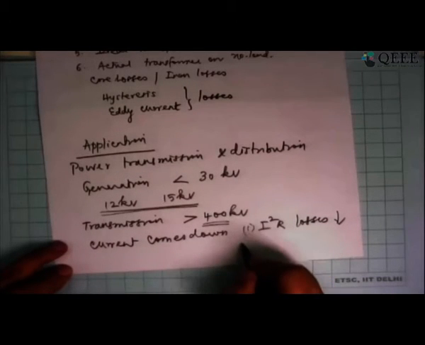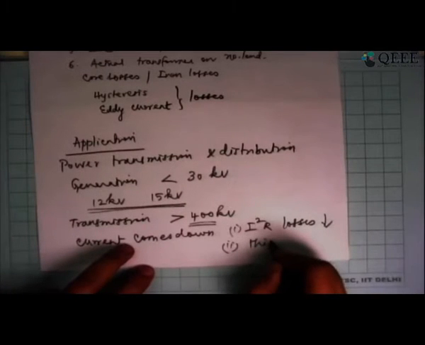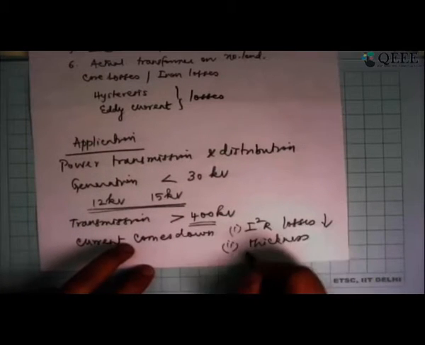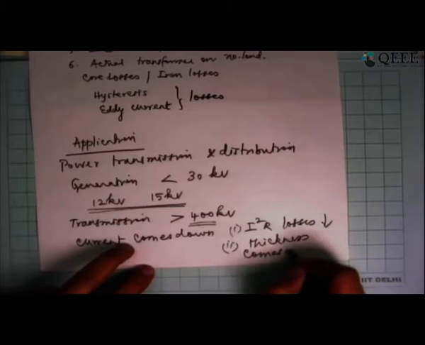The second advantage is the wires, whatever thickness we are choosing, depends upon the current level. If the current is smaller, then the thickness comes down. If the thickness comes down, then we are going to use less copper. So that is very helpful in terms of the cost effectiveness of the entire transmission system.